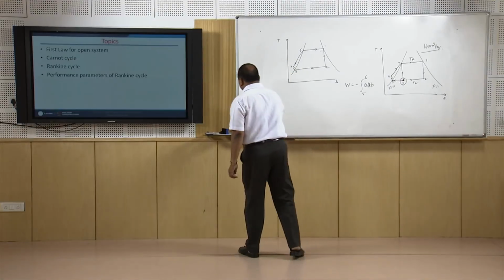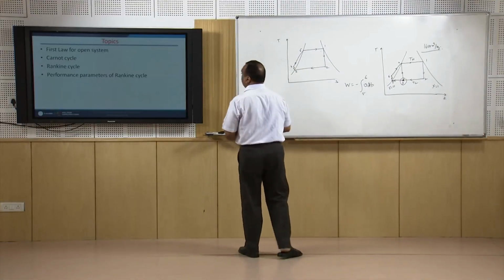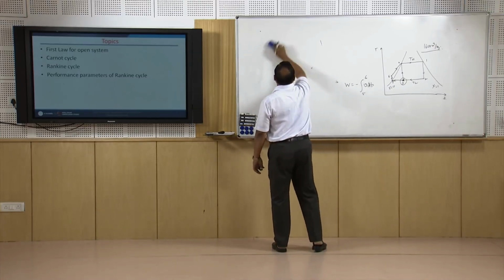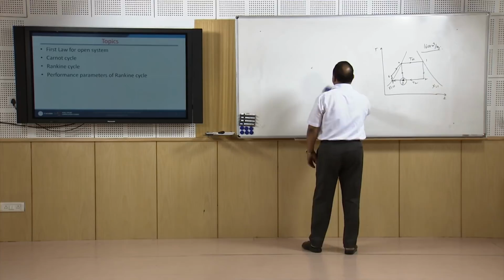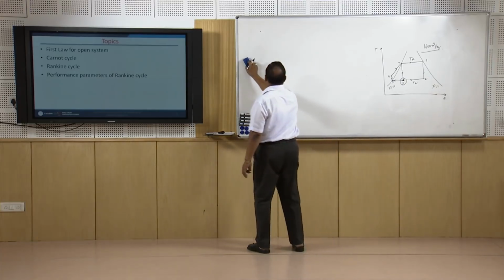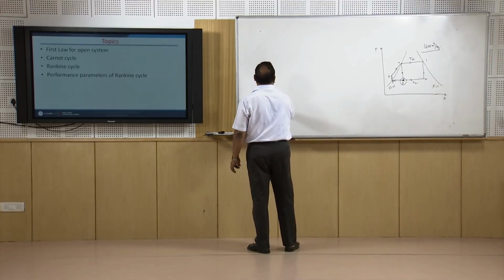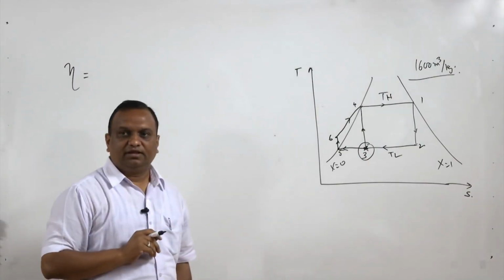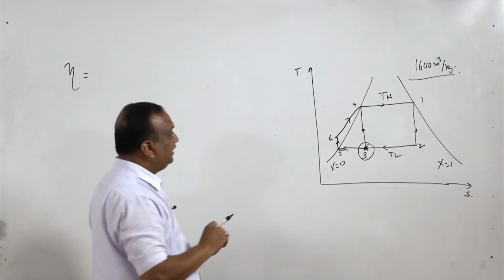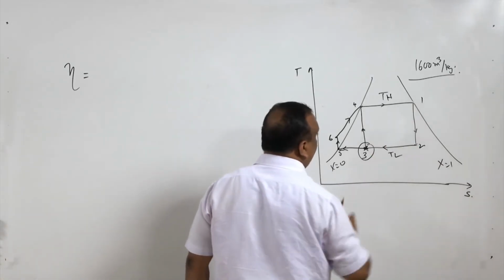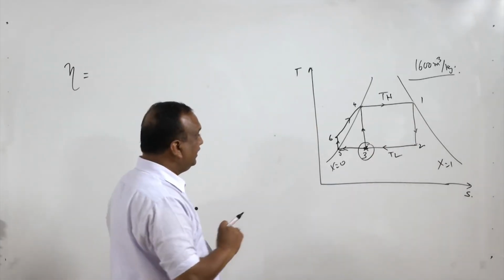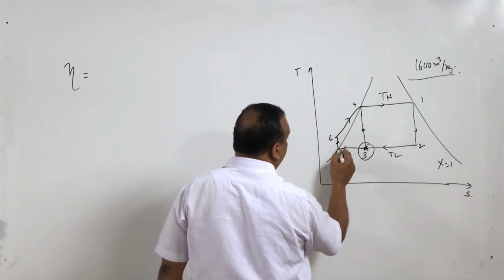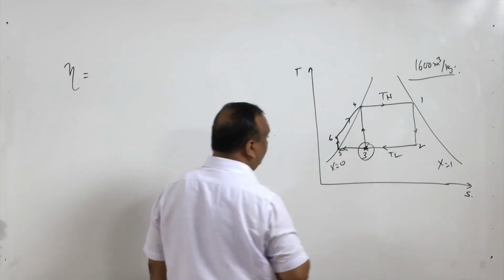Now, performance parameters of Rankine cycle. In order to find the performance parameter, one is efficiency of the Rankine cycle. Thermal efficiency of the Rankine cycle is output of the turbine, that is the work we are gaining, and work done in the pump, work consumed by the pump.